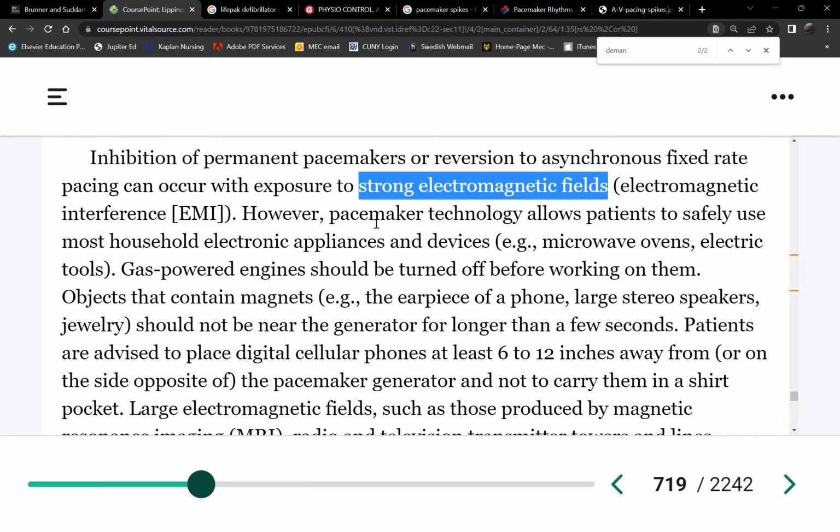Definitely in TSA, you're in that big magnet, and that thing goes around. That's a big magnet. So you're going to have to ask the TSA officer to search you manually. Show them your pacemaker ID. Tell them, I have a pacemaker, and then you'll be searched manually.